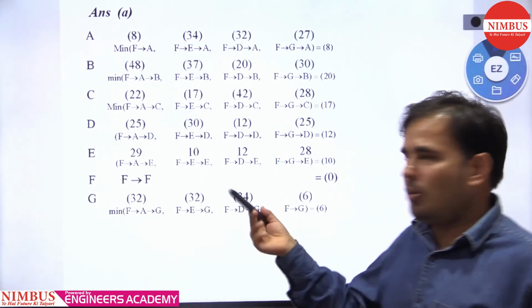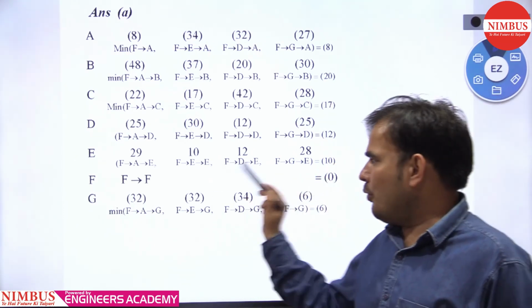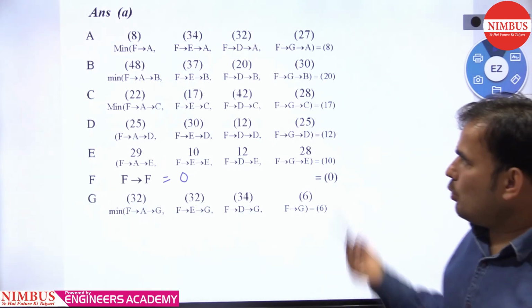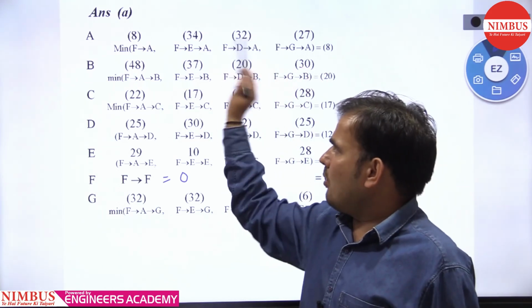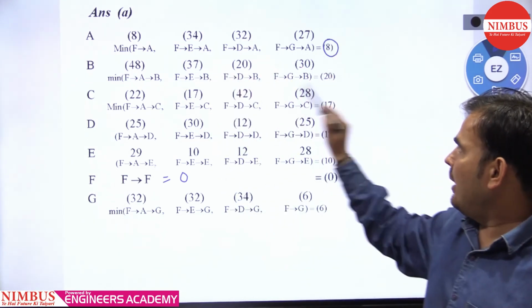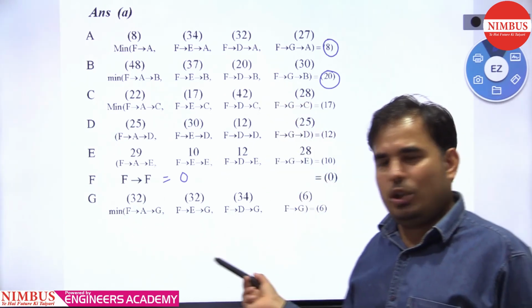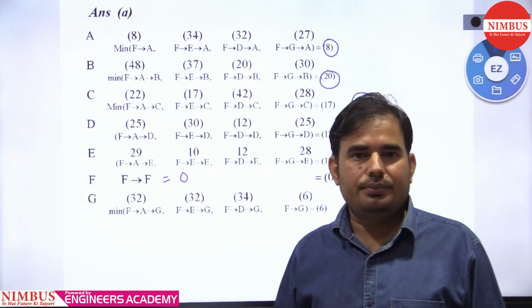So that's why, from A and C, option A is correct, because in option A, F to F is given as 0. This is the way through which we can calculate the routing table for F. In a similar way as I calculated, here the minimum is 8, here the minimum is 20, and the remaining for C, D, E and G also. So option A is correct.